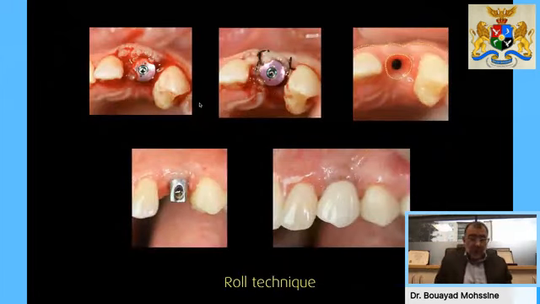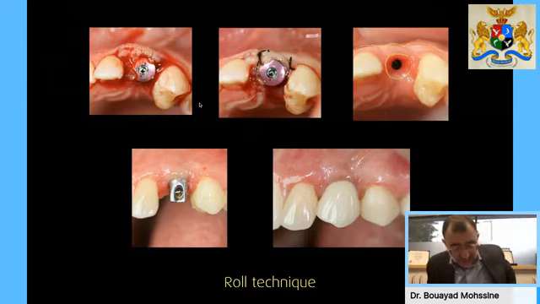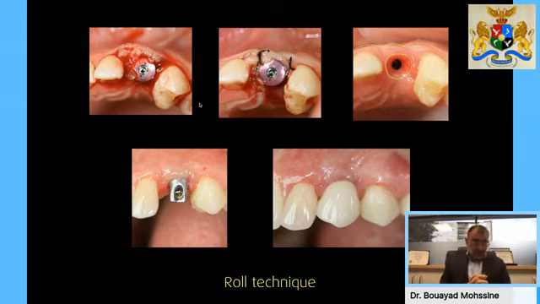We can also use some techniques for remodeling the soft tissue around the healing abutment. In this case, we do the roll technique and we create new vestibular soft tissue. You can see in the right picture in this slide the good formation of vestibular tissue, and you can place your crown in good condition.